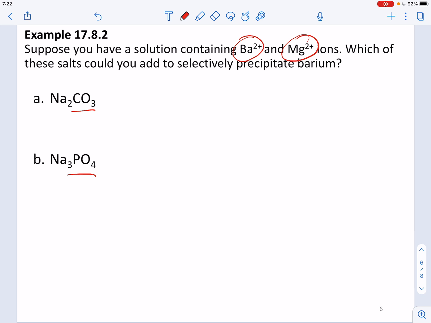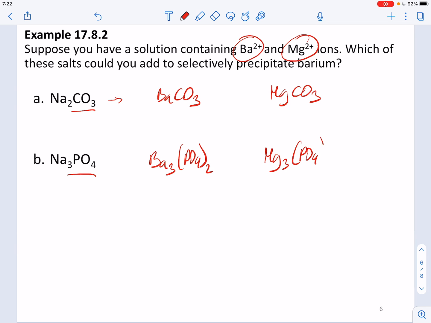These are divalent ions, so if you're using carbonate, then you will be producing barium carbonate and magnesium carbonate. If you are using phosphate, then you are obtaining barium phosphate, Ba3(PO4)2, and magnesium phosphate.